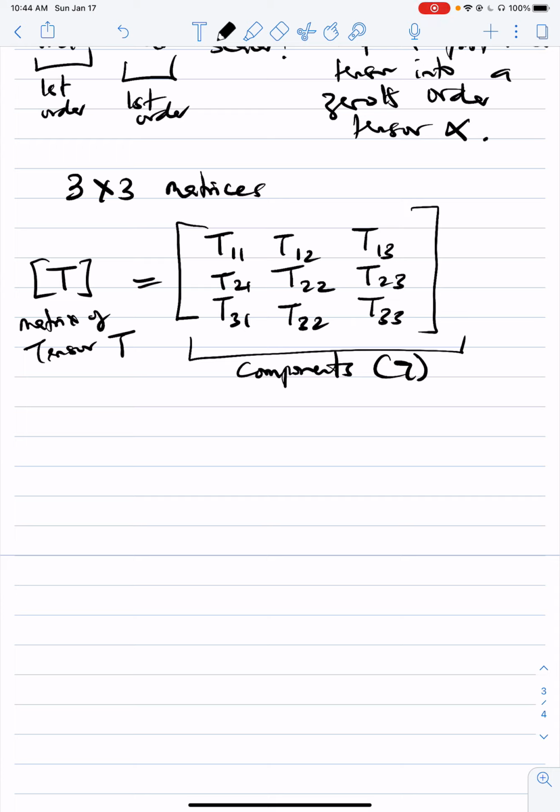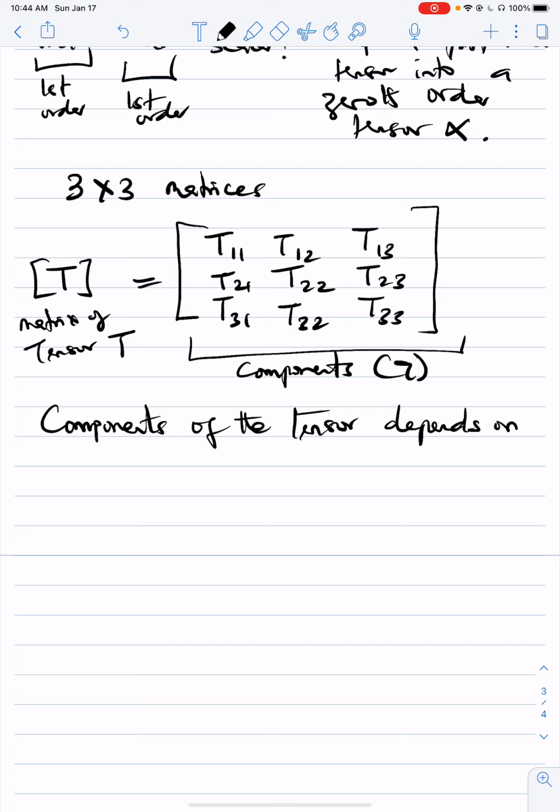So let me write that down: the components of a tensor depend on the base vectors used to describe them.